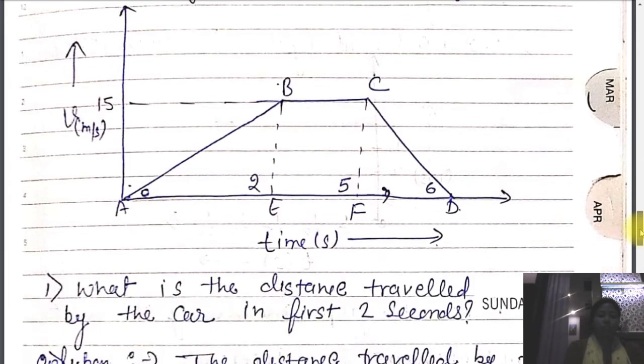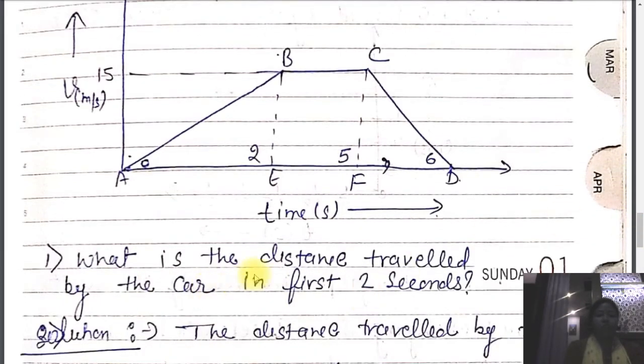Now we have to calculate the distance traveled by the car in the first 2 seconds. If we just go through the graph, we have this shape. This shows the uniform acceleration, this shows the constant velocity of the object, and this shows the retardation or negative acceleration of the object.